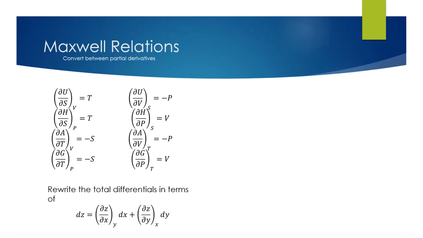The important ones for us are going to be the Gibbs free energy that we're going to use further in this class: dG/dT at constant P is equal to minus S, and dG/dP at constant T is equal to V. Now, something interesting comes out here in the fact that the entropy, temperature, pressure, and volume are all necessarily positive numbers. You can't ever have negative entropy, temperature, pressure, or volume. So what that means is we can identify the direction of change for these functions.